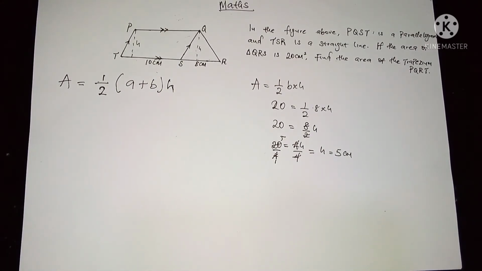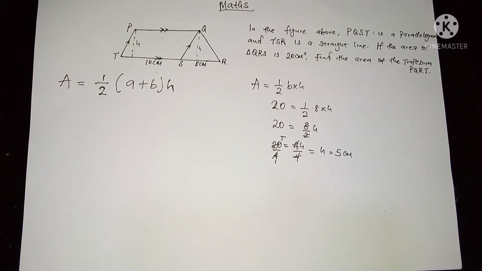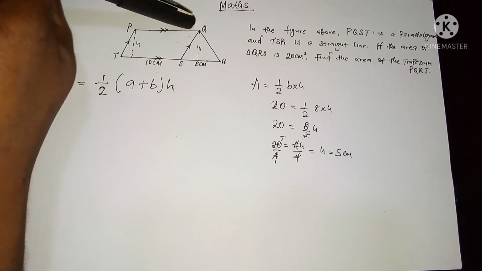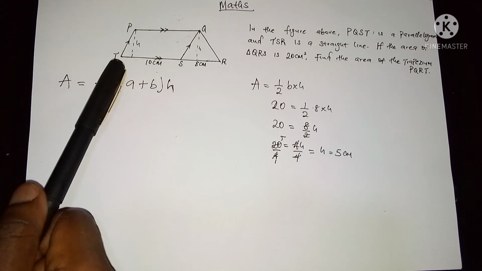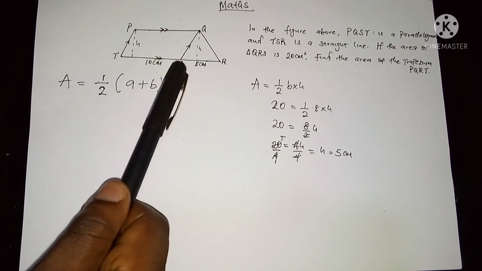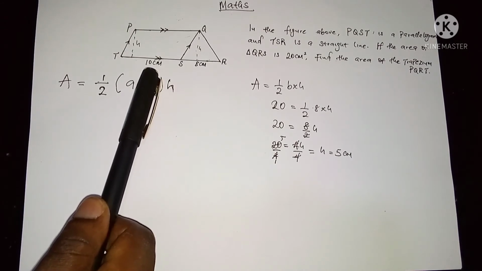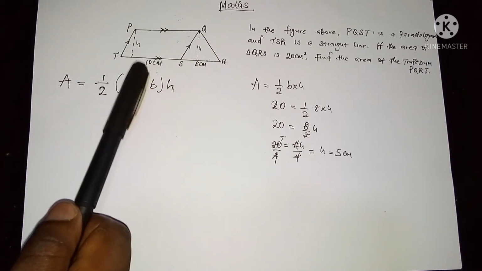Now we know the distance from here to here is equal, and we can substitute the value of 10 for this side. There is one thing you need to understand. This line from T to S is 10 centimeters, and from P to Q is 10 centimeters as well.